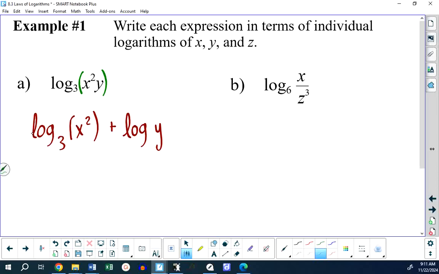But that set of brackets is important. You understand that x squared y is the entire argument of the logarithm. So all I'm doing is saying, since it's the logarithm of a product, I'm writing it as the sum of the individual logarithms. And then log base 3 of x squared is 2 times log base 3 of x.